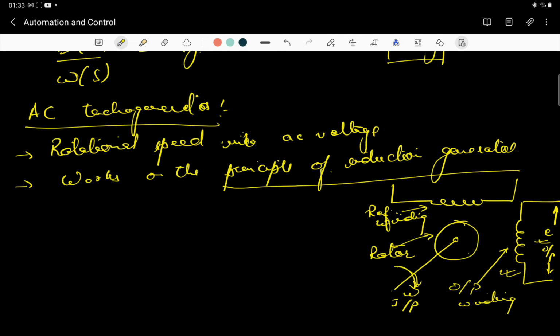The reference winding is supplied by the reference voltage, and the output voltage E is induced across the output winding.